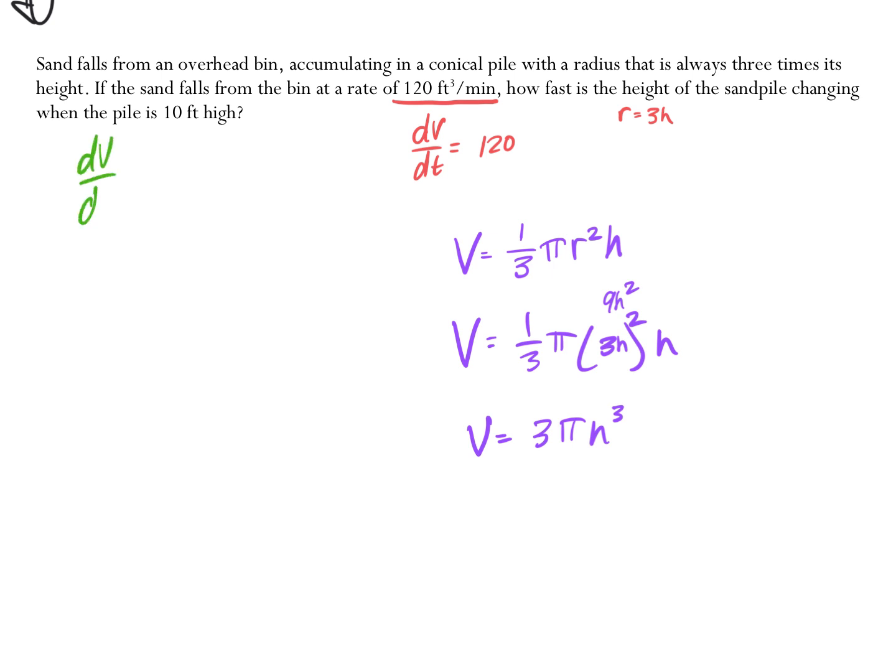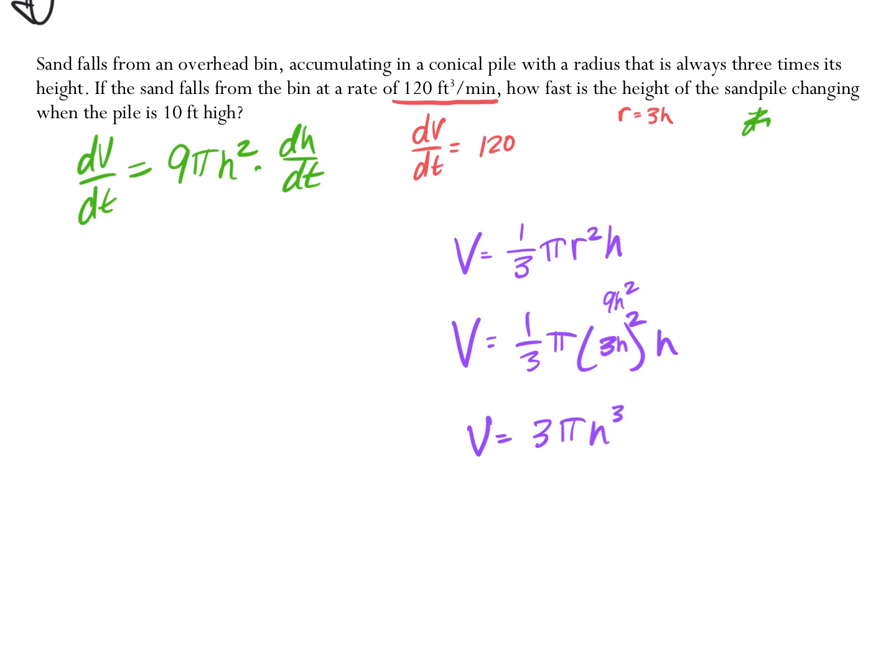dV/dt is 9 pi h squared times dh/dt. Hey, what are we trying to find? How fast is the height of the sand pile changing? You're trying to find dh/dt. So we'll fill in everything we know.